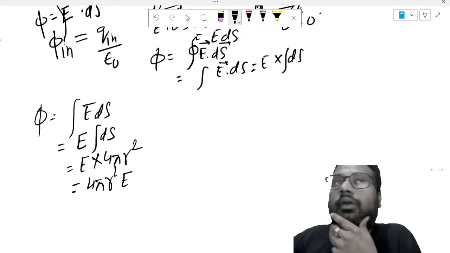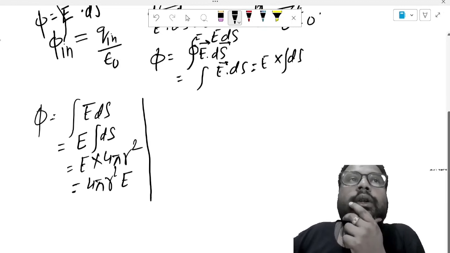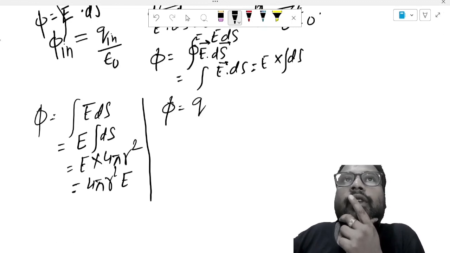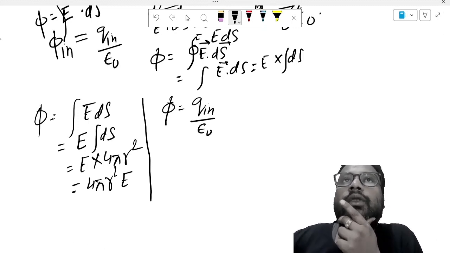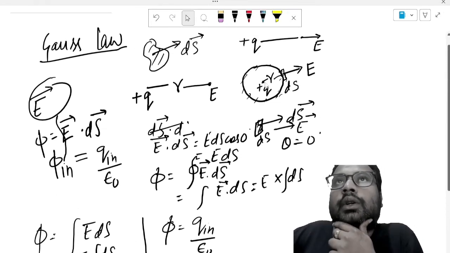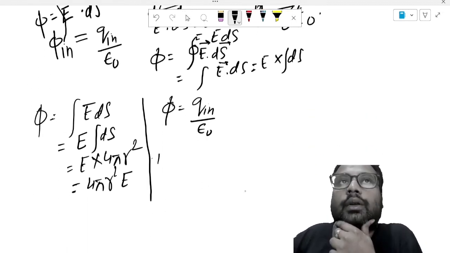Now once we have calculated the flux, we will use the Gauss law, which is phi flux is equal to charge enclosed divided by epsilon naught, which is permittivity. So charge enclosed is plus q, and flux is E into 4 pi r square.